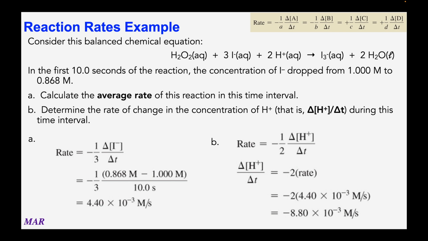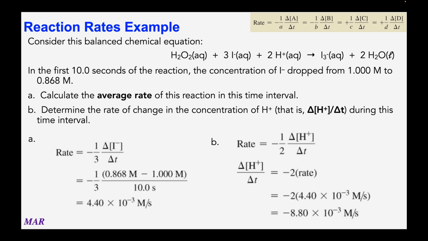Now, 4.40 times 10 to the -3 molar per second, answer A, is the speed of the overall reaction. It can be used for reactants and products, but that's the overall speed. The -8.80 times 10 to the -3 number we just calculated is the speed for the H+ disappearing, essentially. It's how fast the H+ is disappearing.